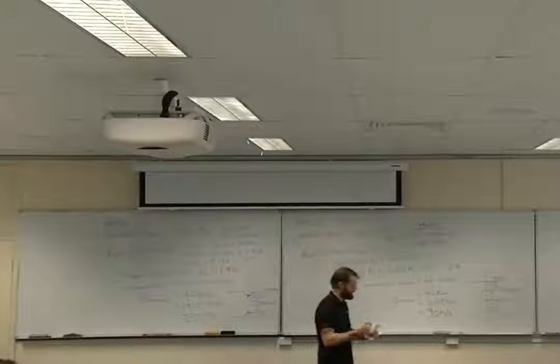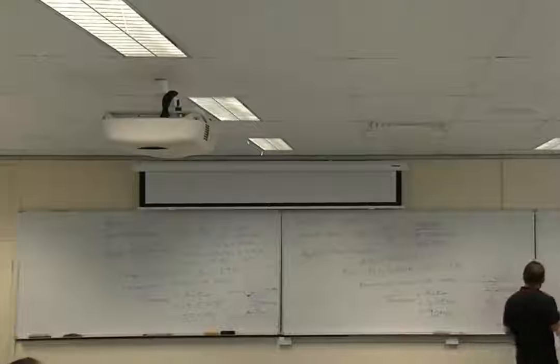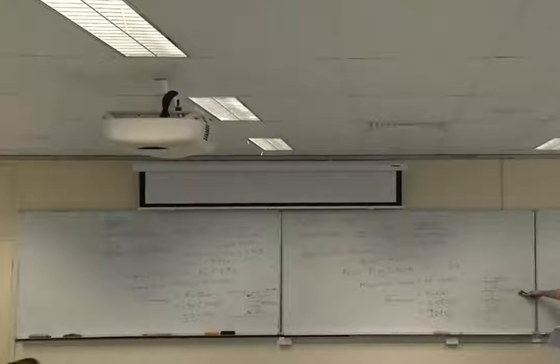Alright, let's do a sanity check. Does it make sense if this is 90 and that one's 50? Why? One's got 70 mm in height, one's got 50. Yeah, easy.